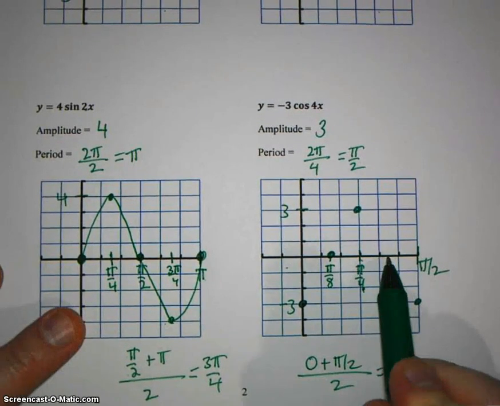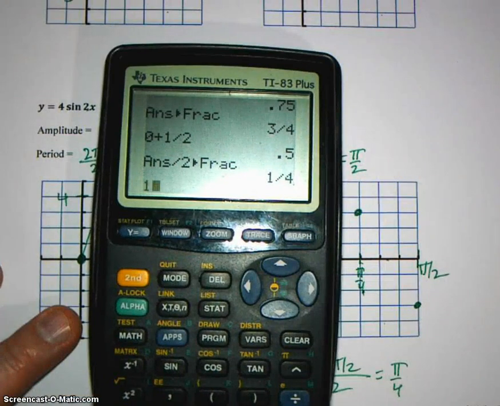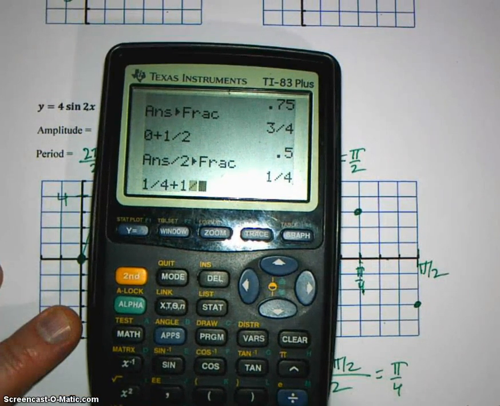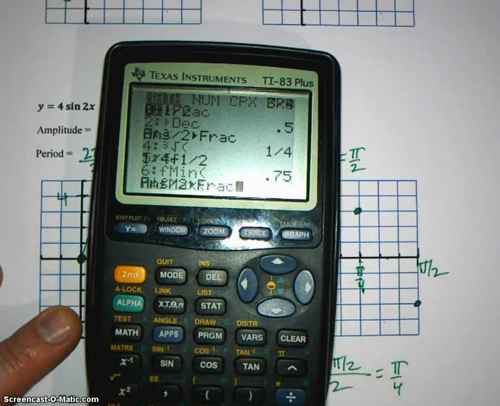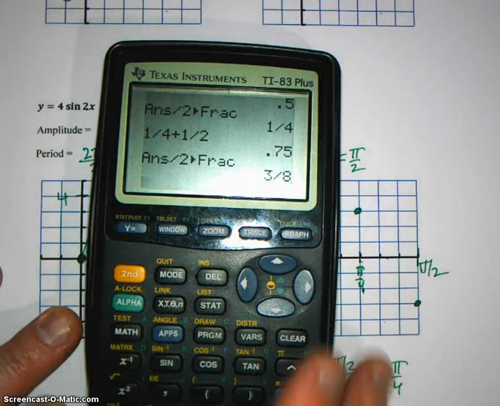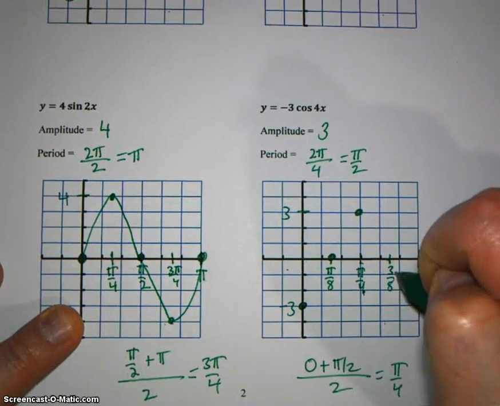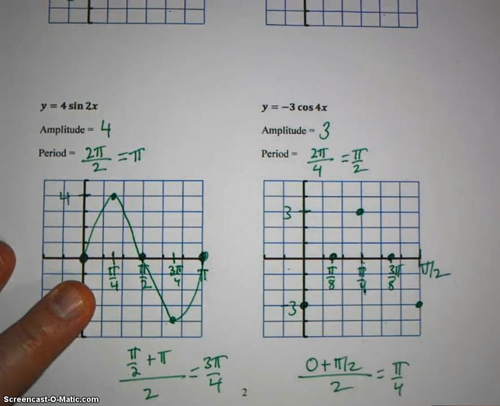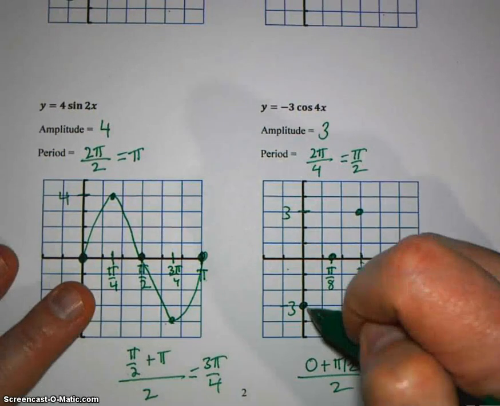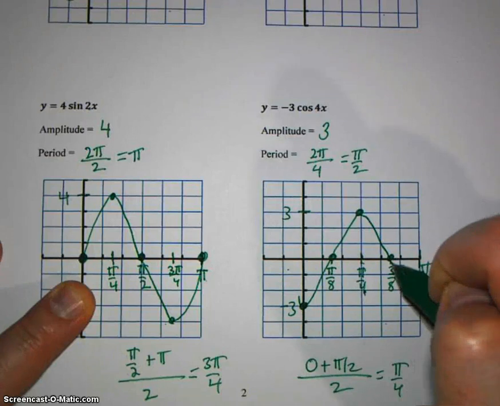And then this last one, again, use your calculator, ignore the pi's. 1/4 plus 1/2, divide it by 2, and turn it into a fraction. 3/8. So this is 3 pi over 8, and we hit the axis right there. All right, so we draw our nice smooth cosine graph.